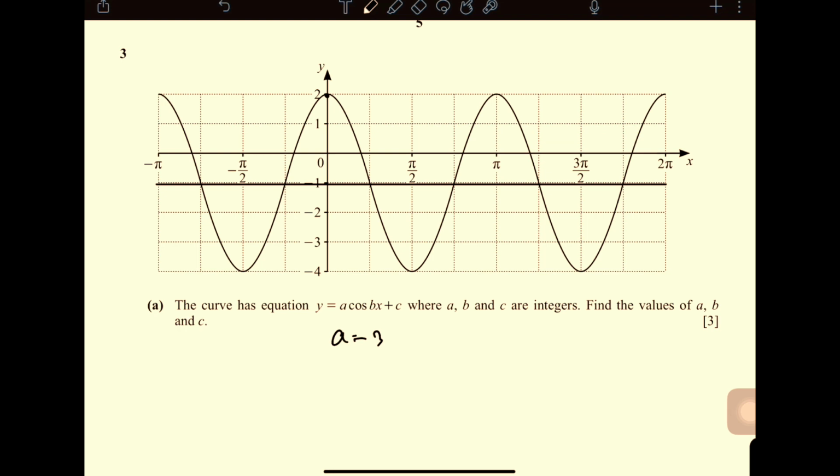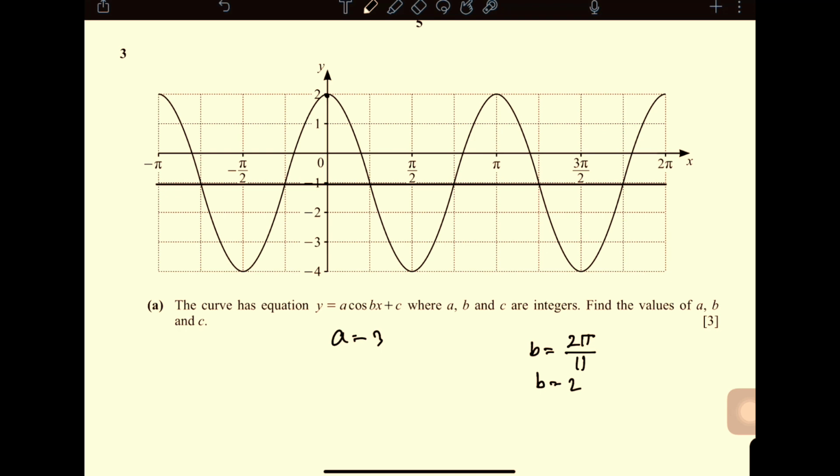Cos graph always repeats after 2 pi units. That means its frequency is 2 pi divided by pi, since it repeats after pi units. So its frequency is 2.